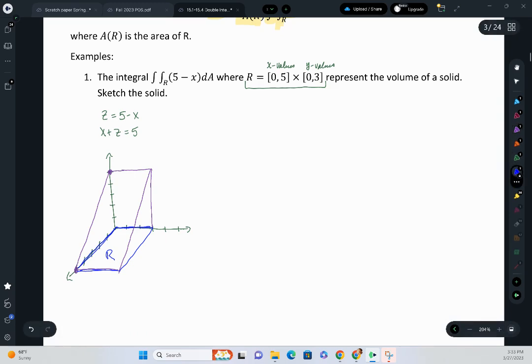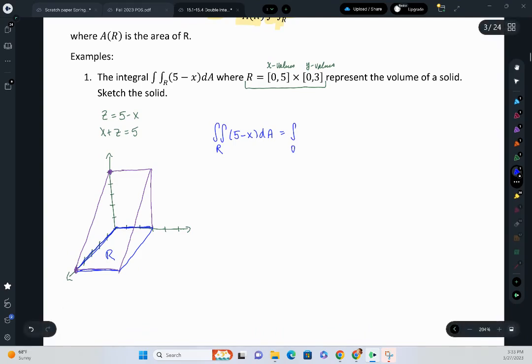but I want to go ahead and work through the integral. So this integral, the double integral over R of 5 minus x dA, I need to get my bounds in there and I need to get my differentials in there. So I'm going to use Fubini's theorem, which tells me it doesn't matter what order I go in. So I'm going to go ahead and put my bounds for x in second.